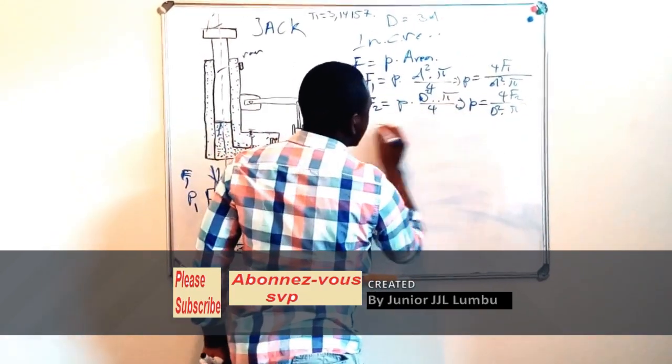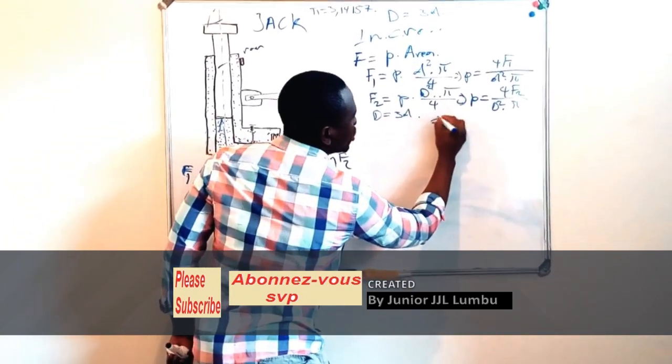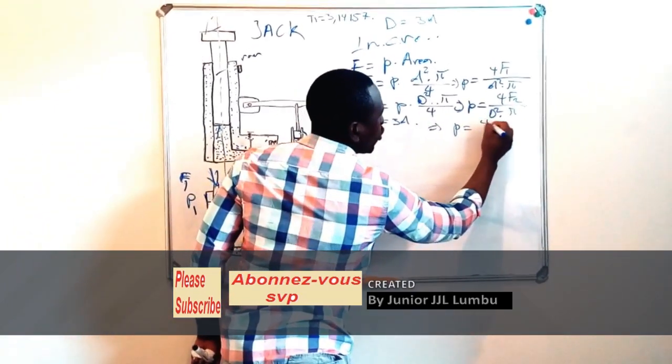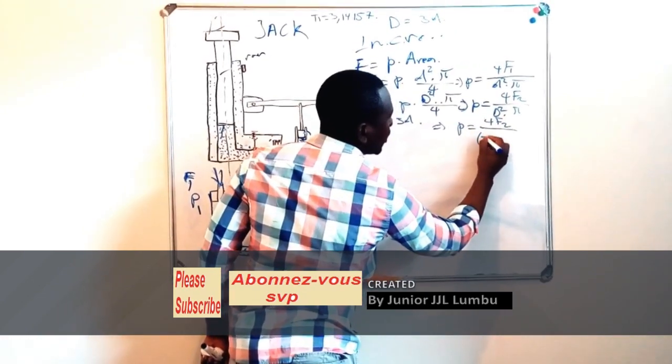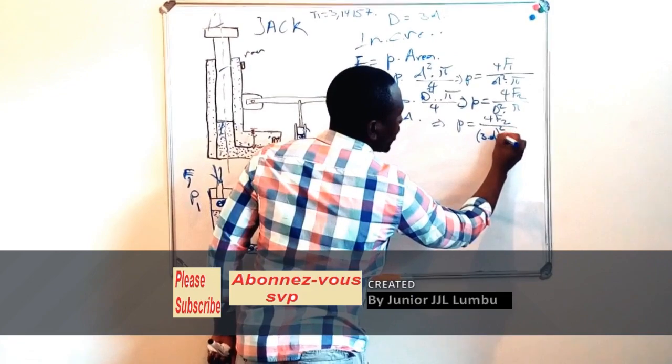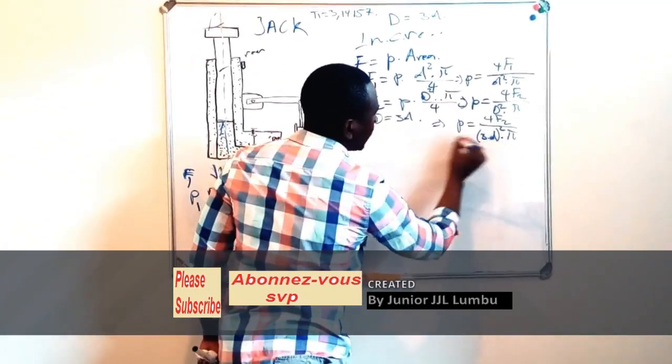But here we know that big D equals 3d, which means pressure here equals 4 over 3 that squared times pi. That will be 9.